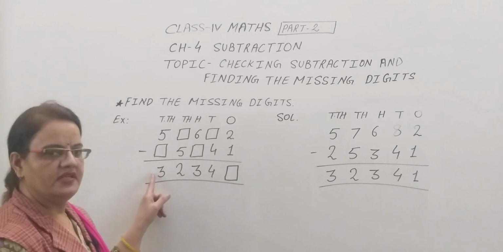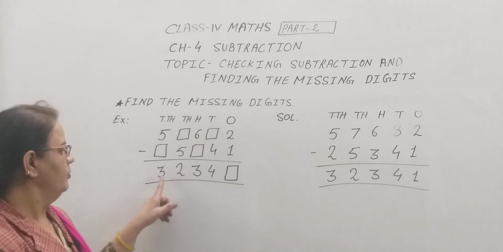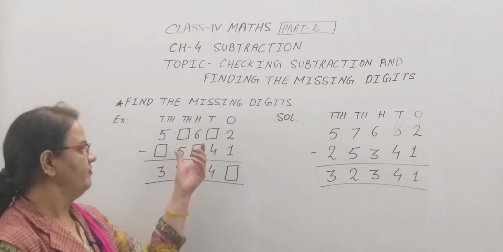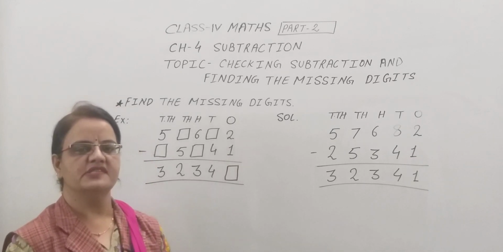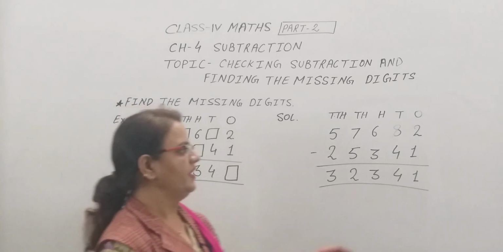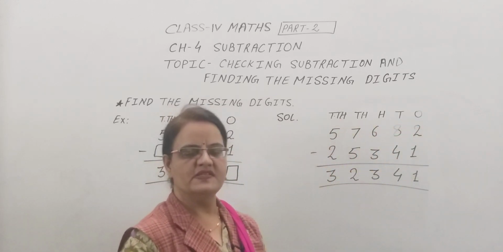Then our answer is dash 4 3 2 3. We will find the missing numbers. When we find the missing number, again first we write down the place value from right to left, and we start from ones place.